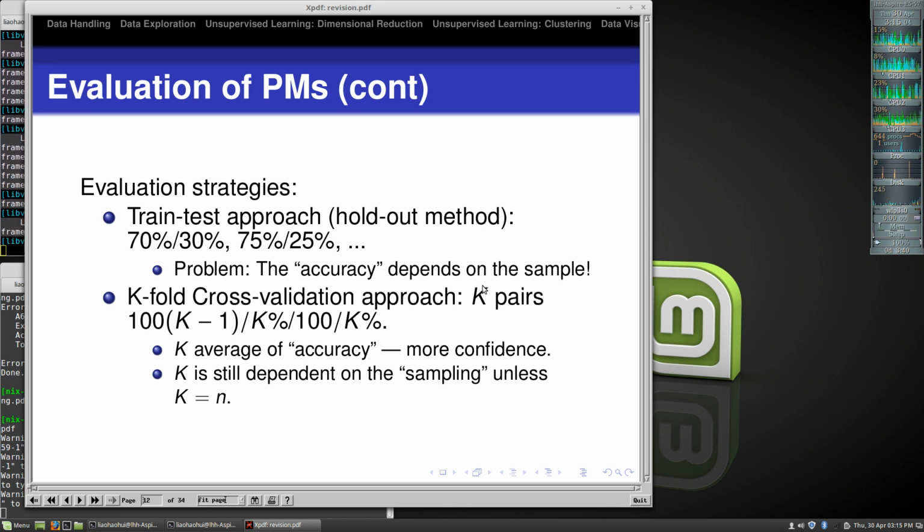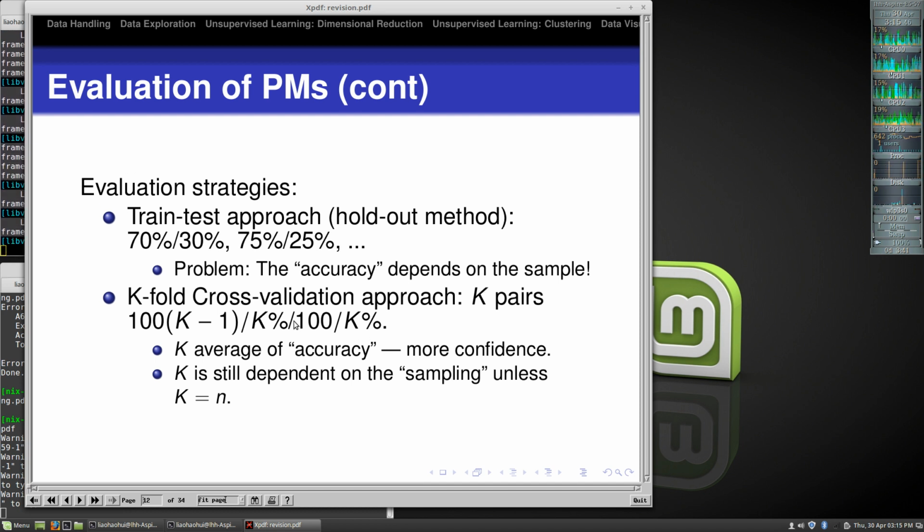That is, we just subcategorize the data into k equal parts, and then take the first k minus 1 as the training, and the last one as the testing, and then we start rotating. Like just now the last one is the testing data set. Now we move to the first one as the testing data set, and then the rest would be the training data set.